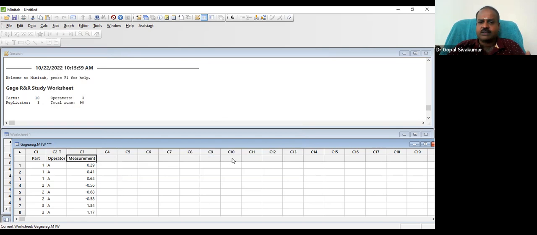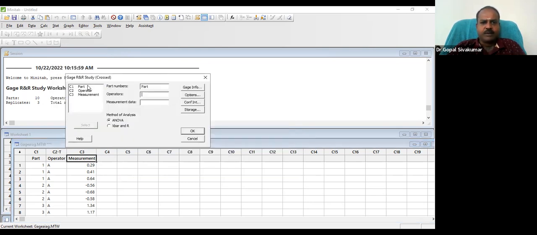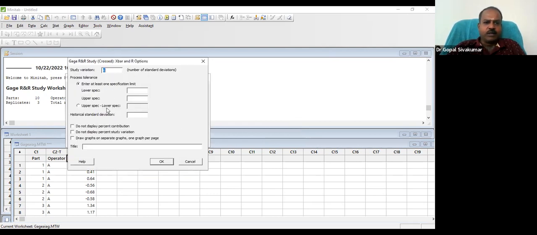Now it is crossed. Part number in column number 1, operator in column number 2, measurement data in column number 3, and X bar R chart. And now go to Options. What is the range between upper spec and lower spec? If you know the spec, you have to give this.